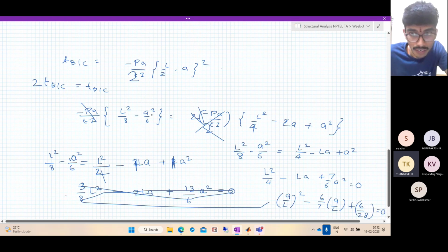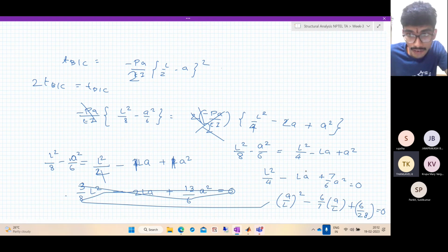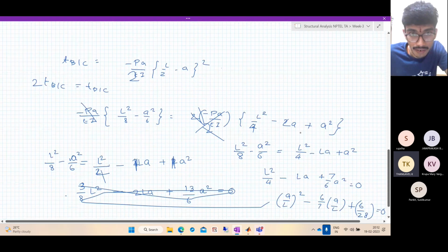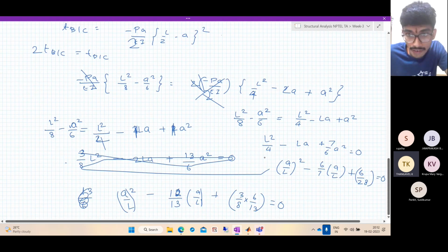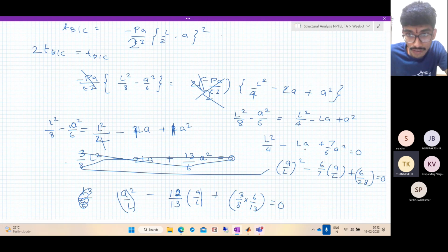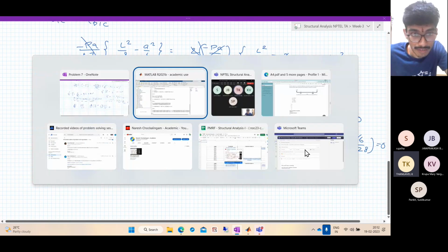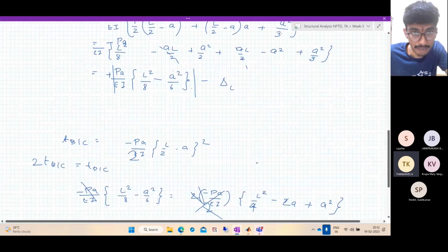Square by 4. Something is not correct here.